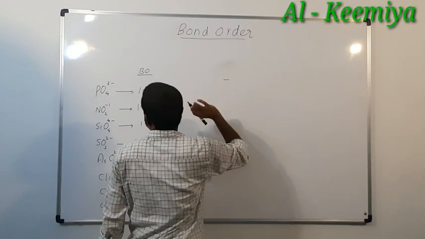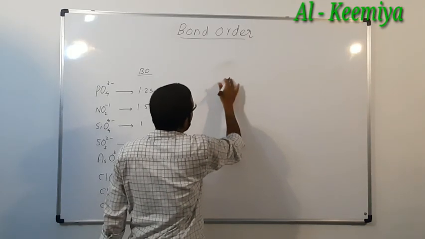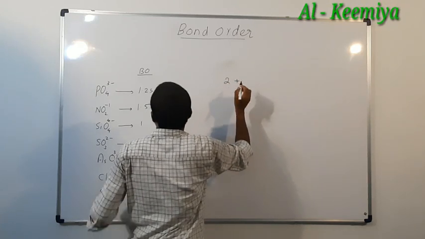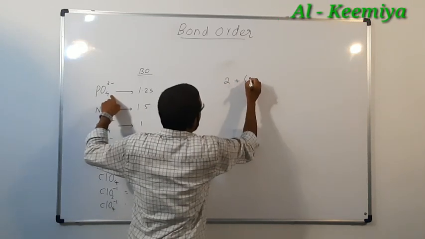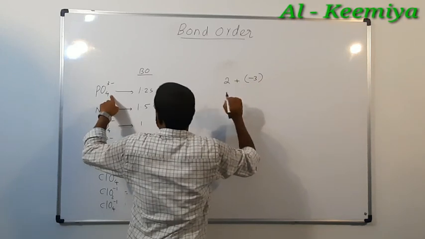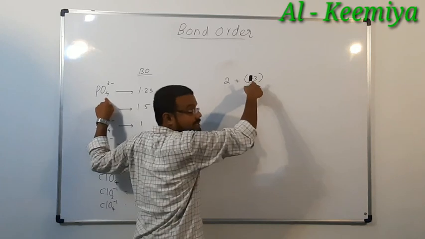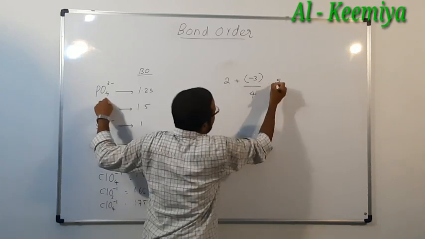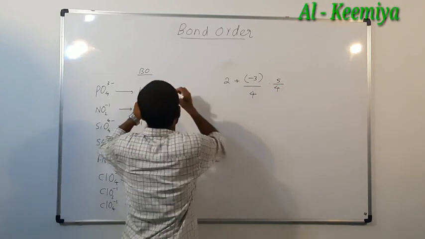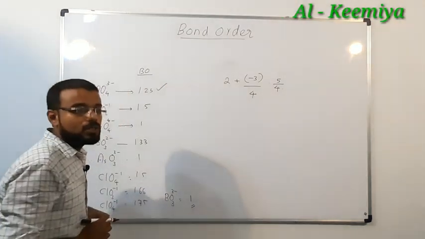The peripheral atom, that is oxygen, valency is 2, then charge minus 3, divided by the number 4, 4 into 2 is 8, minus 3, 5 by 4, that is equal to 1.25.